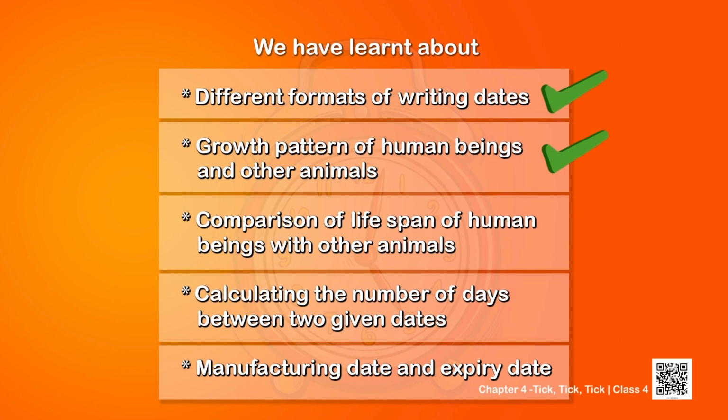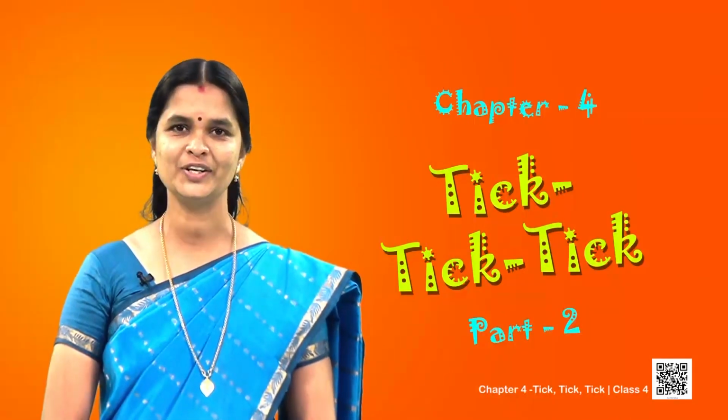Also, we compared the lifespan of human beings with other animals. We calculated the number of days between two given dates, and we have also discussed the importance of manufacturing date and expiry date. Hope you all enjoyed today's class.